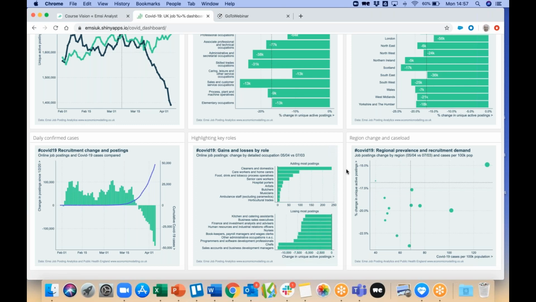Apologies, I've pulled the wrong one up there to show you, but keep an eye on that. Request your localized report, see what that means for your area. One of the big things that we'll need to do as a sector, as we come out of the crisis, is support our local communities as they start to grow again. It will be important to know what's growing first, what the skills in demand are, and how we can support that. So please have a good look at that.